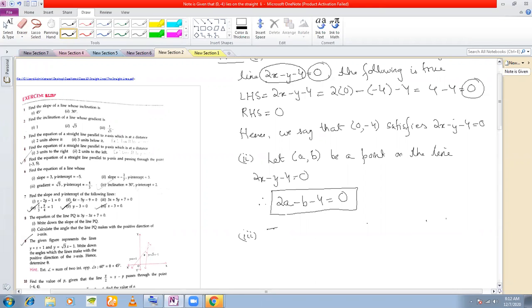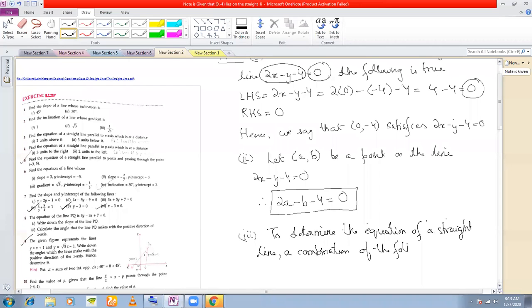To determine the equation of a straight line, a combination of the following are required. And what are the things that are required?